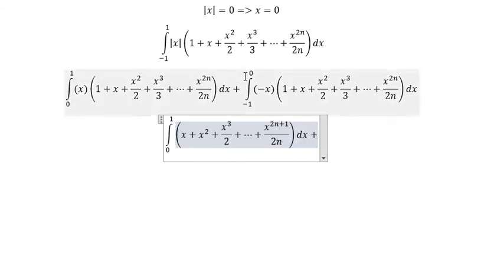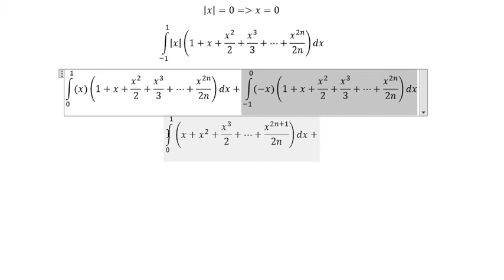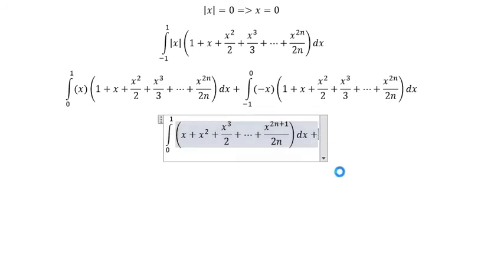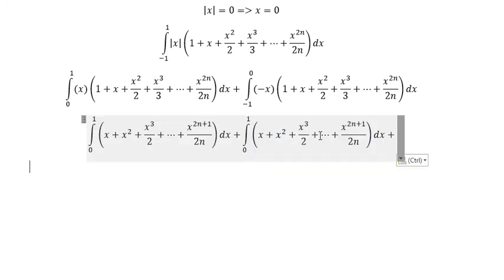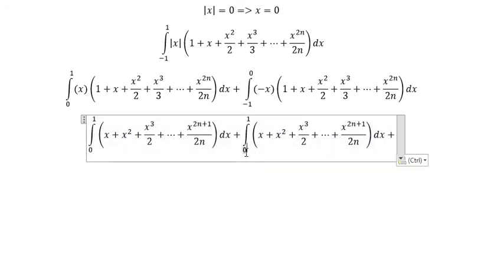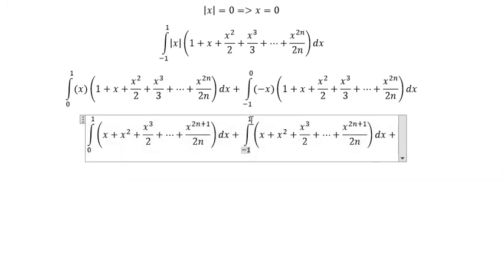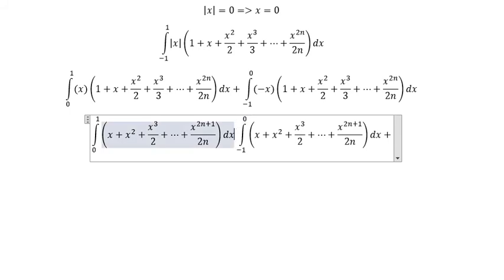Similar for this one, so I just copy. This is from negative 1 to 0, but we have the negative here.